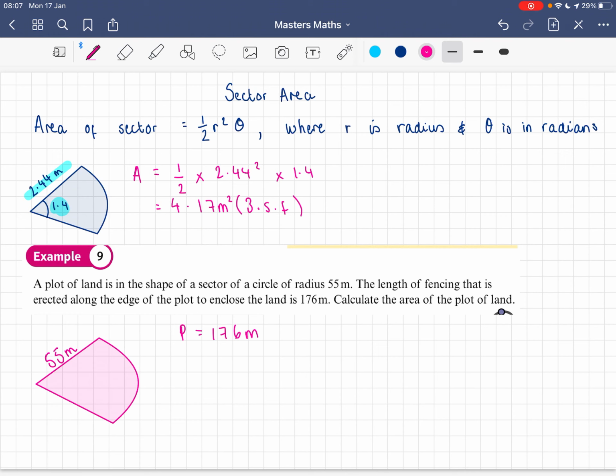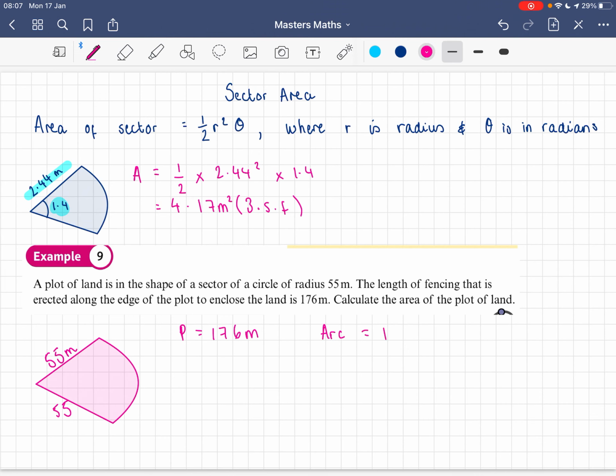What we are given is a perimeter, and then we can use the arc length formula from last lesson and work it backwards to work out the angle. We know these two lengths are both 55, and we know the full perimeter is 176, so we can get the arc length from that.